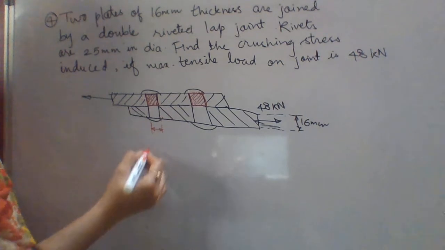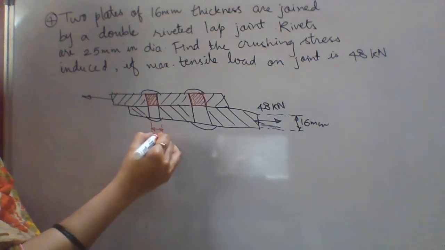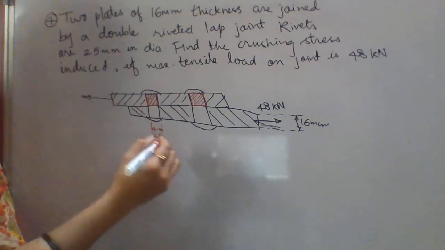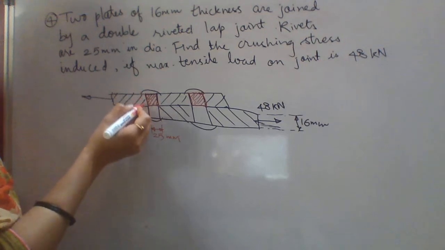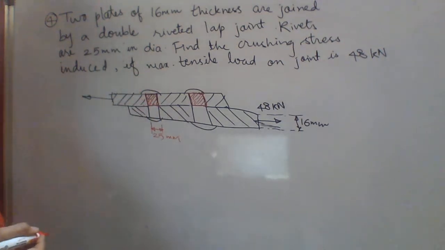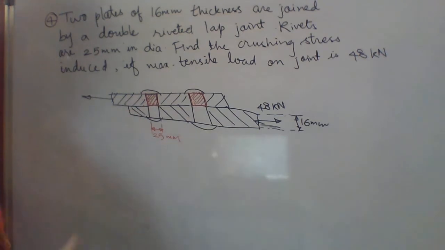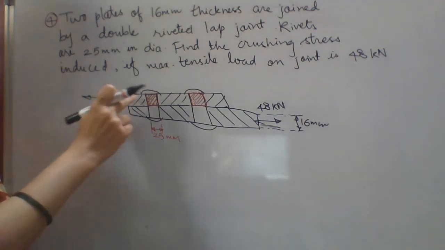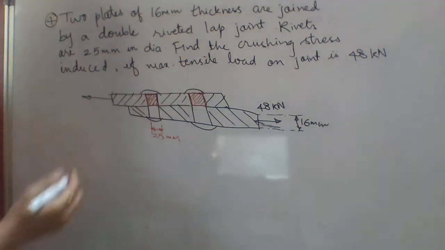This dimension is nothing but the diameter of the rivet. The diameter of each rivet is given as 25 millimeter, and this vertical dimension is nothing but 16 millimeter, because the thickness of both the plates is given as 16 millimeter. Now this is 2 times because there are 2 rivets. So for one plate there are 2 rivets, so we'll do this analysis for one plate.